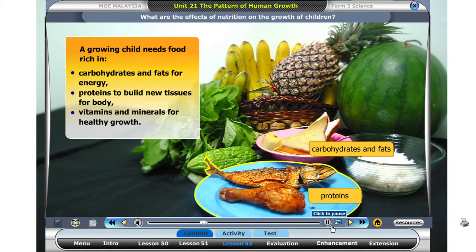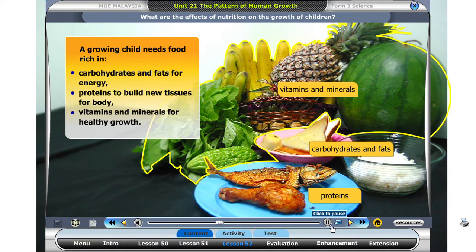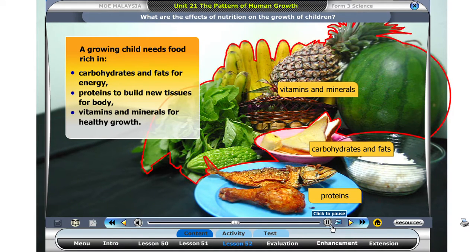Children also need protein in their diet to build new tissues for their body. Vitamins and minerals should also be included in their diet for healthy development of the bones and teeth. Vitamins and minerals are also important for body protection against diseases.